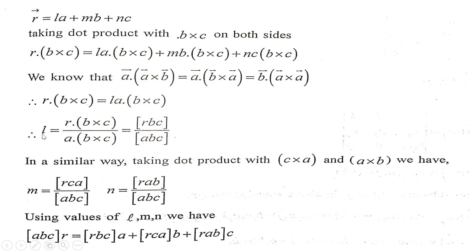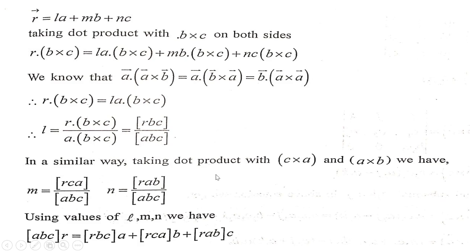So L equals R dot B bar cross C bar upon A bar dot B bar cross C bar. That is, the scalar triple product R, B and C, and A bar dot B bar cross C bar equals the scalar triple product A, B, C.